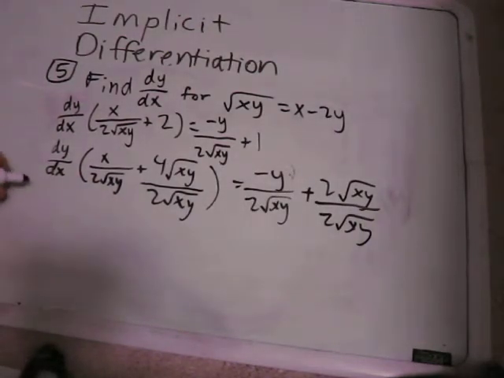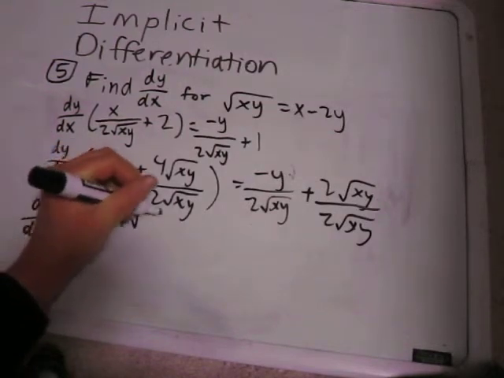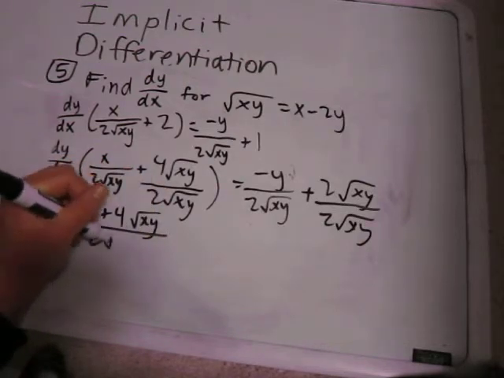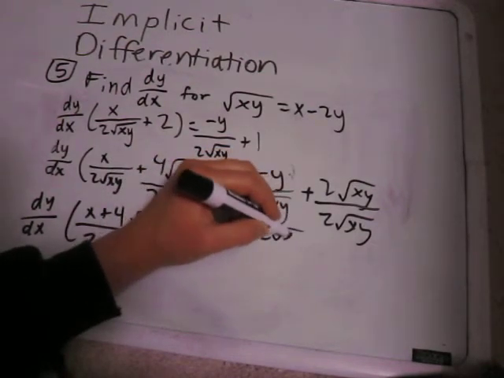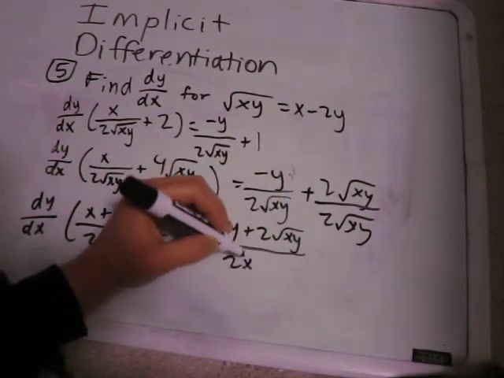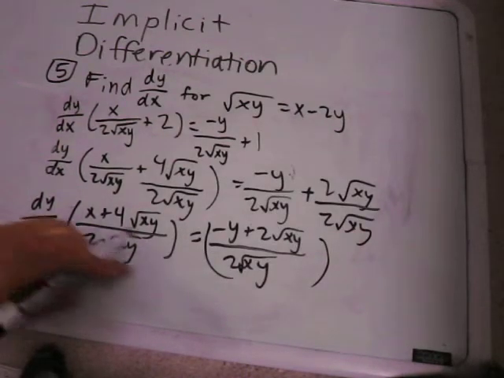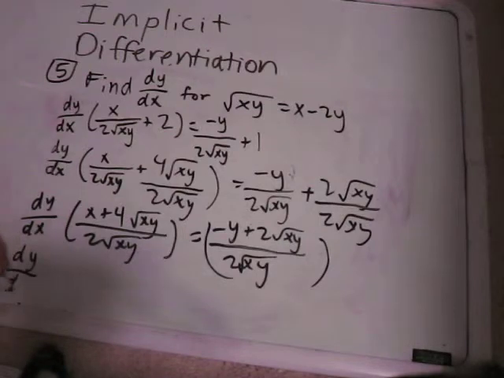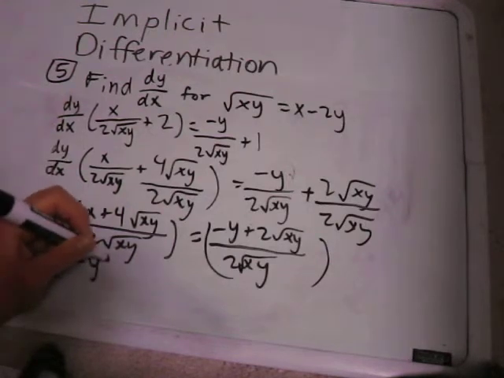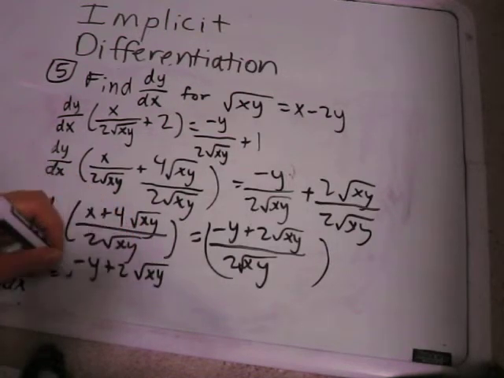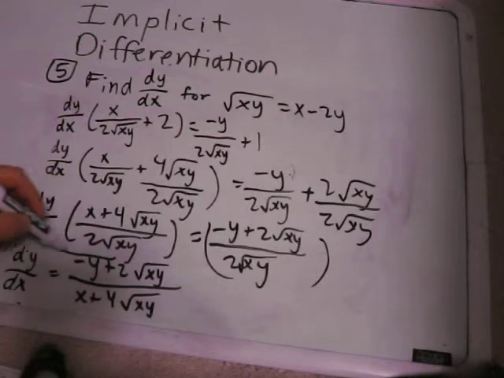And then combine these. So we can just divide this by this, then the denominators are going to cancel out, and we're just going to have the result over x plus 4. So that's your final answer.